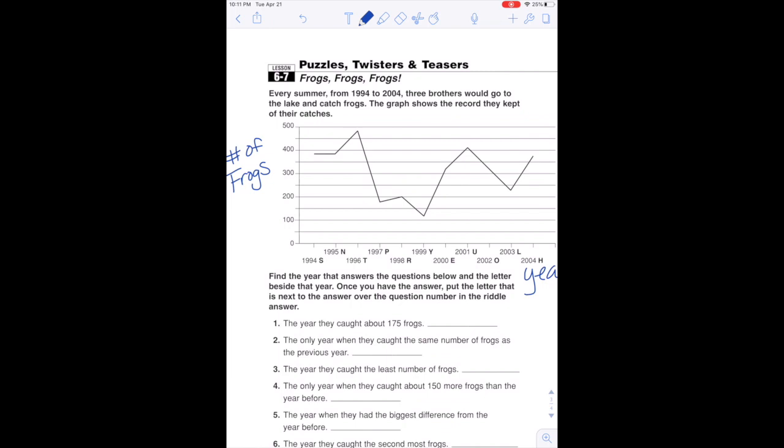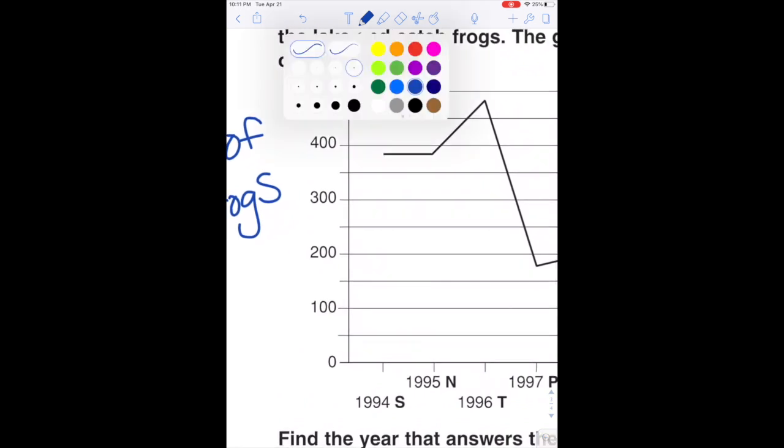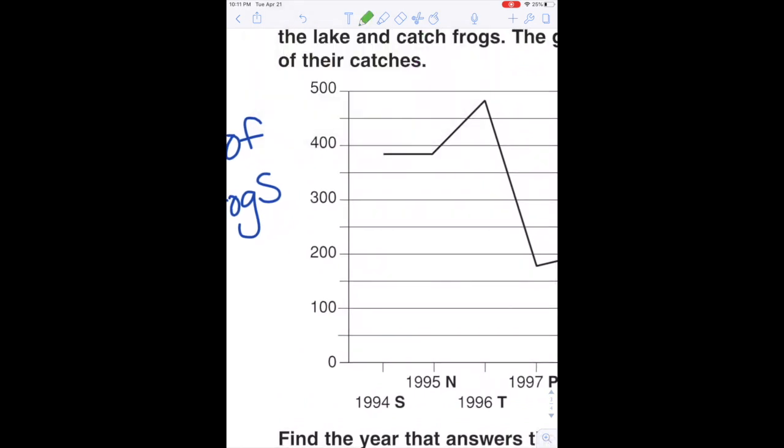So our first question, number 1, says the year they caught about 175 frogs. So we're going to try to find where 175 would be on here. This one's a little tricky because they left some numbers out. If I think of here's 0 and here's 100, what's exactly in the middle of 0 and 100? That would be 50.